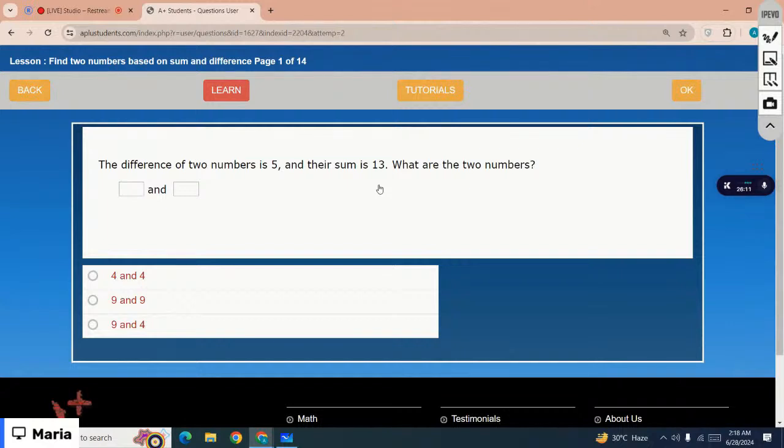Which two numbers when added make 13 and when subtracted make 5? Which is the correct option?